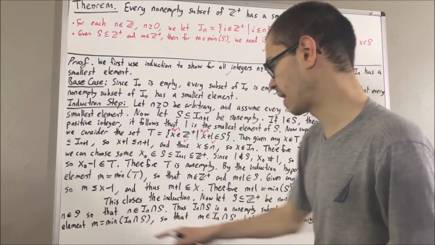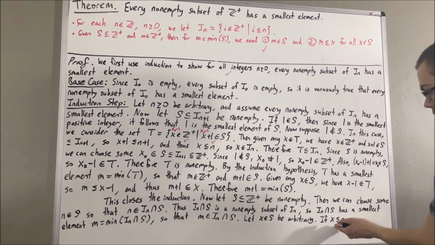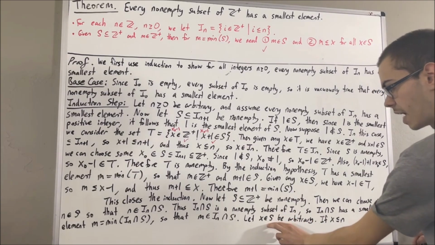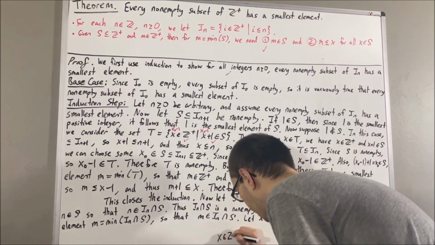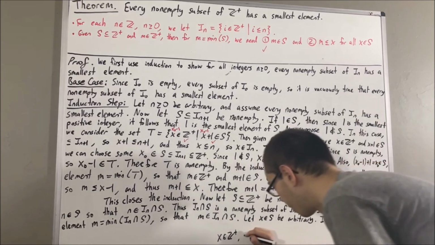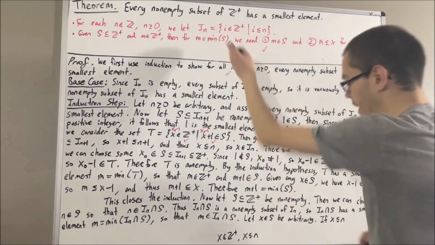Let's first consider the case X is less than or equal to N. If X is less than or equal to N, well, what do we see here? We have that X is an element of S, and S is a subset of the positive integers. So X is a positive integer such that X is less than or equal to N. And that tells us X satisfies the requirements to be an element of I_N.